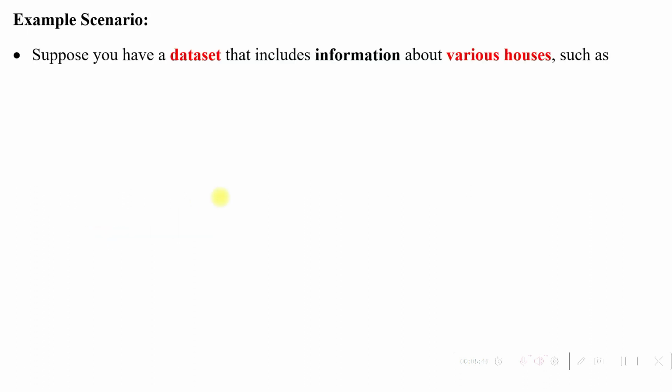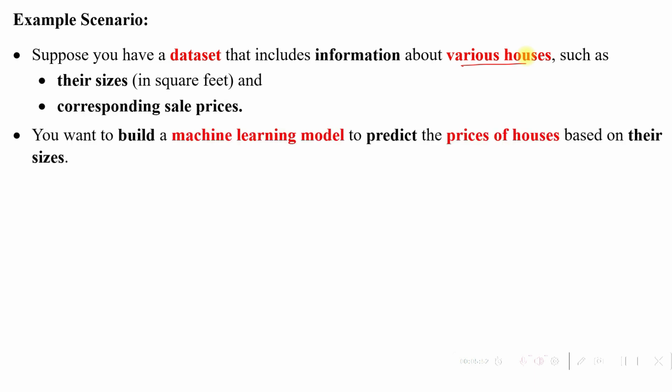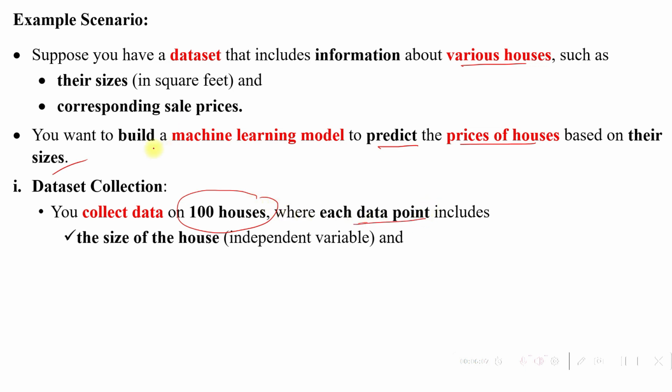For example, suppose you have a data set that includes information about various houses, like their sizes and corresponding sale prices. You want to build a machine learning model to predict the price of the houses based on their size. For data collection, you collect data on 100 houses, where each data point includes the size of the house and its sale price.